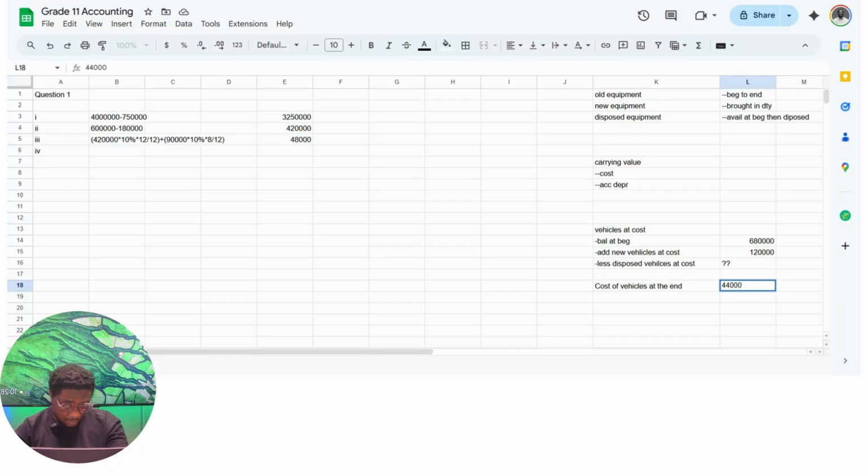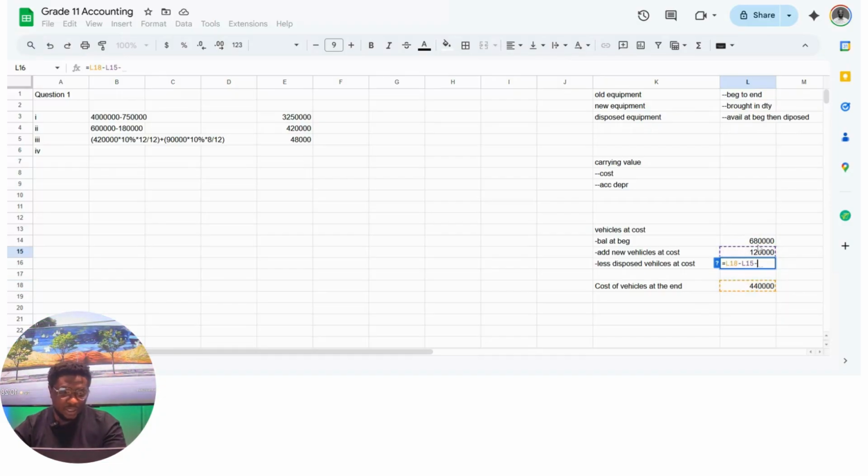Okay. So then the disposed vehicle in this case, we can work backwards, because we're going to say 440,000, then subtract the 120,000, and then subtract the 680,000, which gives us that balancing figure, that the vehicle that was disposed had a cost of 360,000.